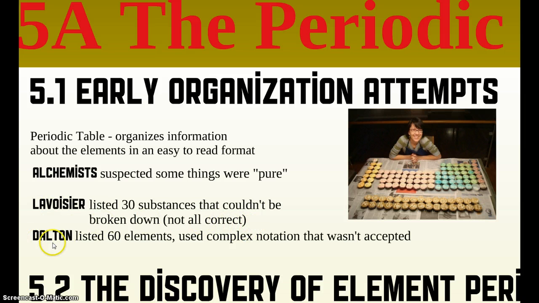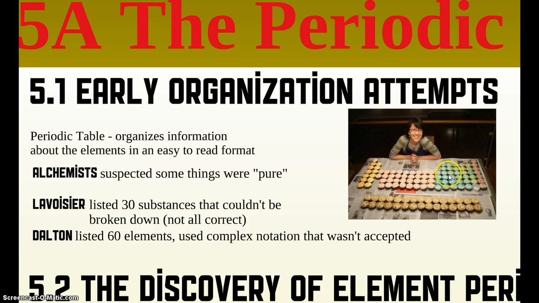And then moving forward, John Dalton was working in 1800, specifically in 1803 is when he put his atomic model out. Shortly after that he made a list of 60 elements. Now, he used some pretty complex notation, meaning he wrote them out in complicated ways, and lots of people didn't like that. They thought it was too complicated.